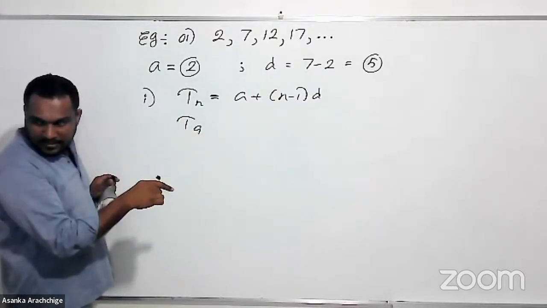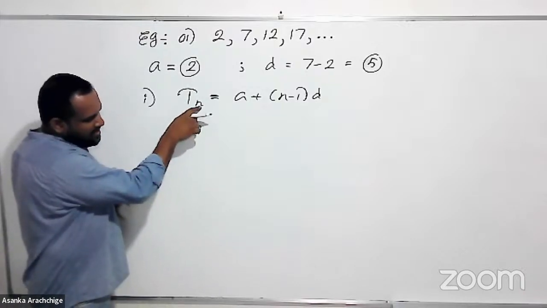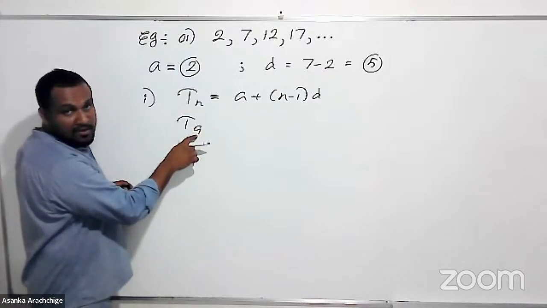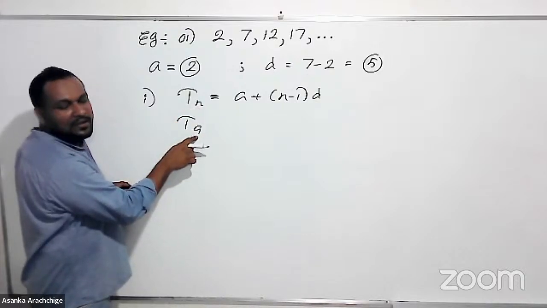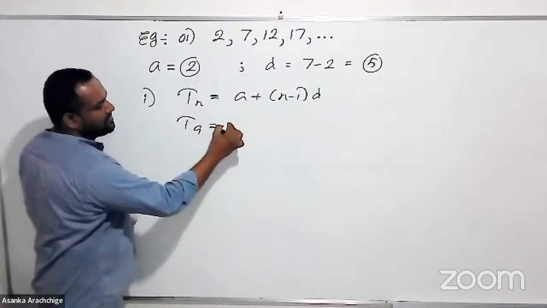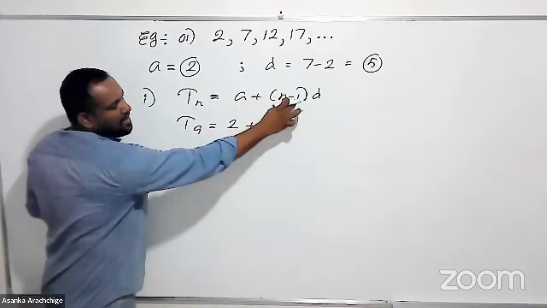The ninth term, T9. Now, when Tn becomes T9, tell me what is the value of n? 9. Then T9 equals a, which is 2, plus n minus 1.